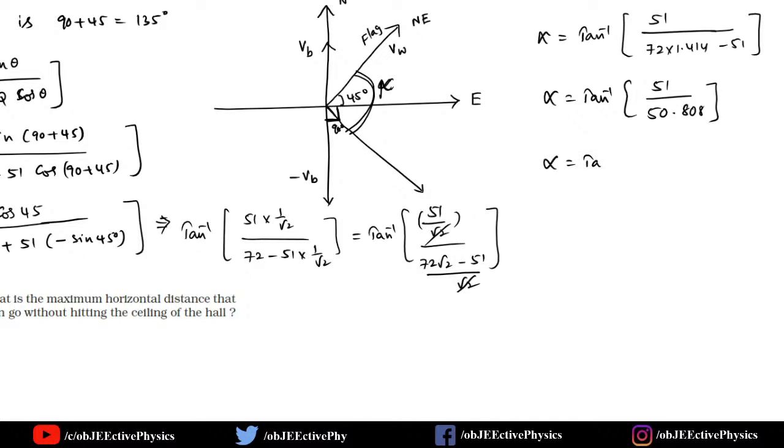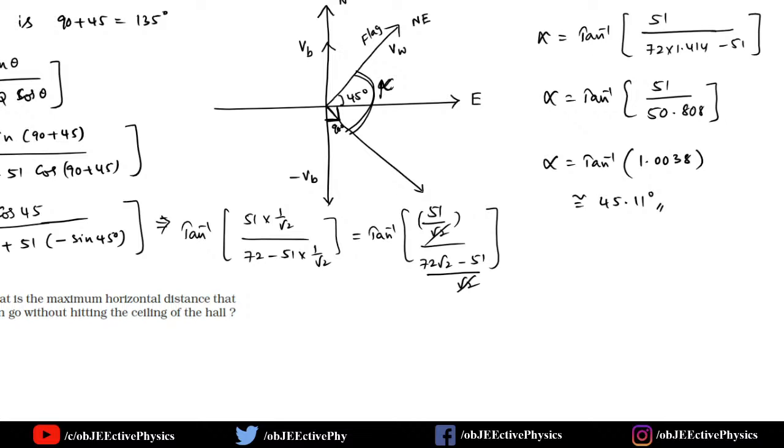So alpha is equal to tan inverse of 1.0038, which is approximately 45.11 degrees.